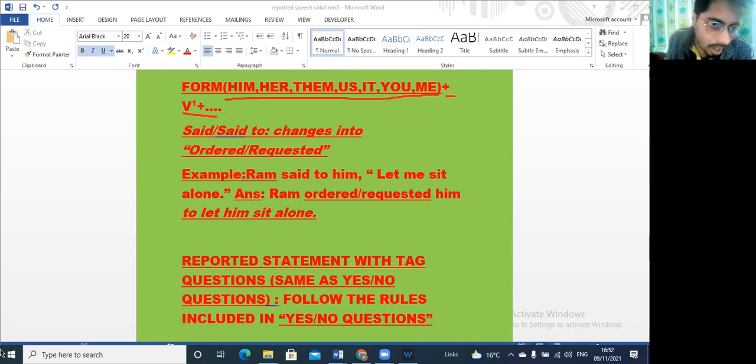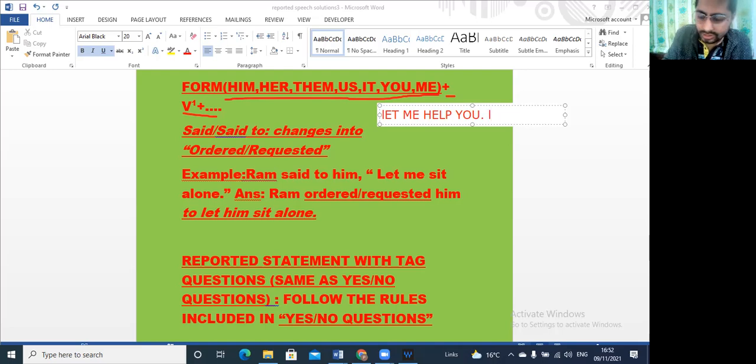After let plus object, we should always remember to use verb one. Let me help you. Just let me use a sentence. It's also a sentence. Let plus me, the object, plus help, verb one. Let me help you.